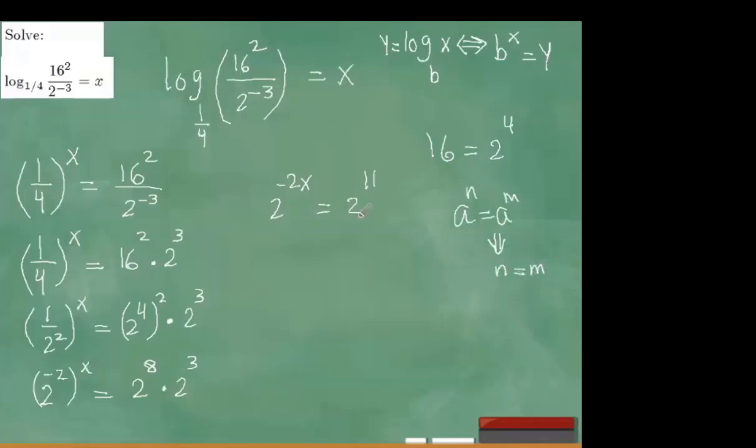So the bases are the same, the exponents must be the same. So minus 2x must be equal to 11. Divide both sides by negative 2. So x would be equal to 11 over minus 2, which is minus 5.5.